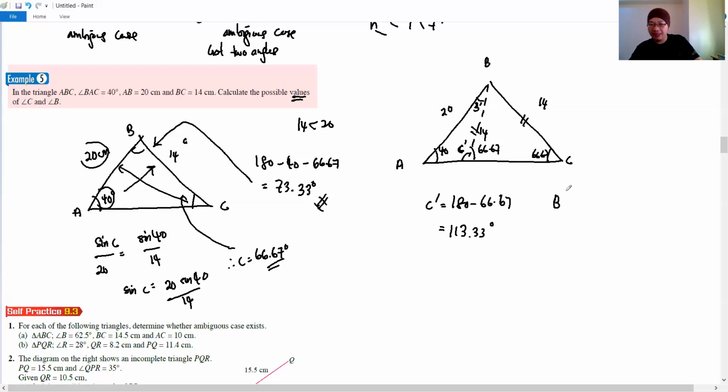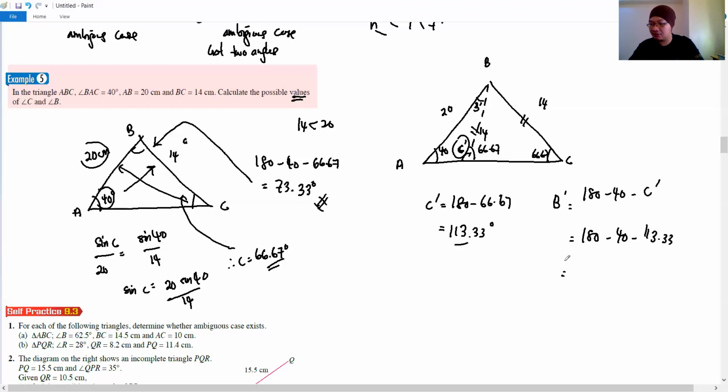Okay, how about your B prime? B prime here, since this is 113, this is a new triangle, right? A small triangle here. So 180 minus 40 minus this C prime. So you are supposed to get the B prime. So minus 40 minus C prime, what was it just now? 113.33.